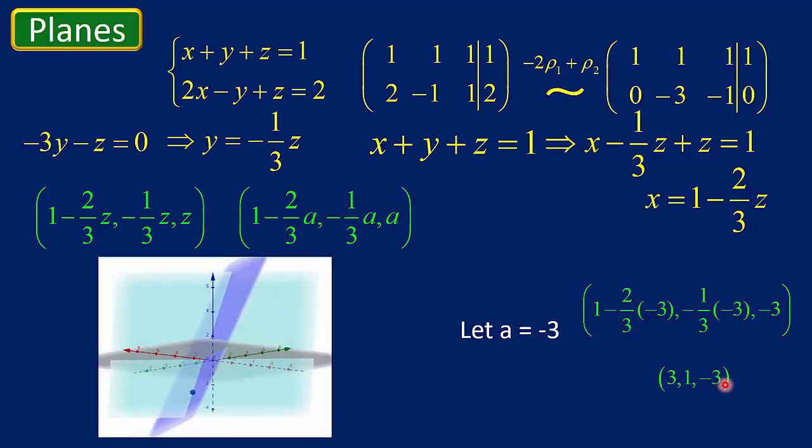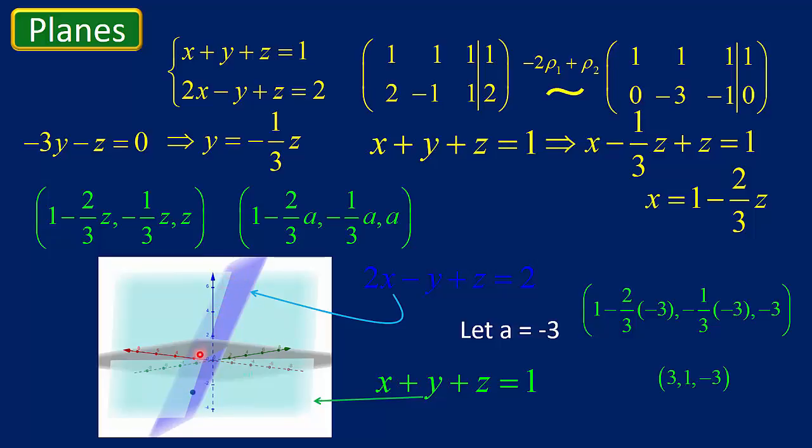So if we look at this on a graph, notice we've got the two planes, they intersect here, and then we've got this one point down here of intersection. See, I've got the 2x minus y plus z equals 2 plane, and then I've got the x plus y plus z equals 1 plane. See, those two planes.